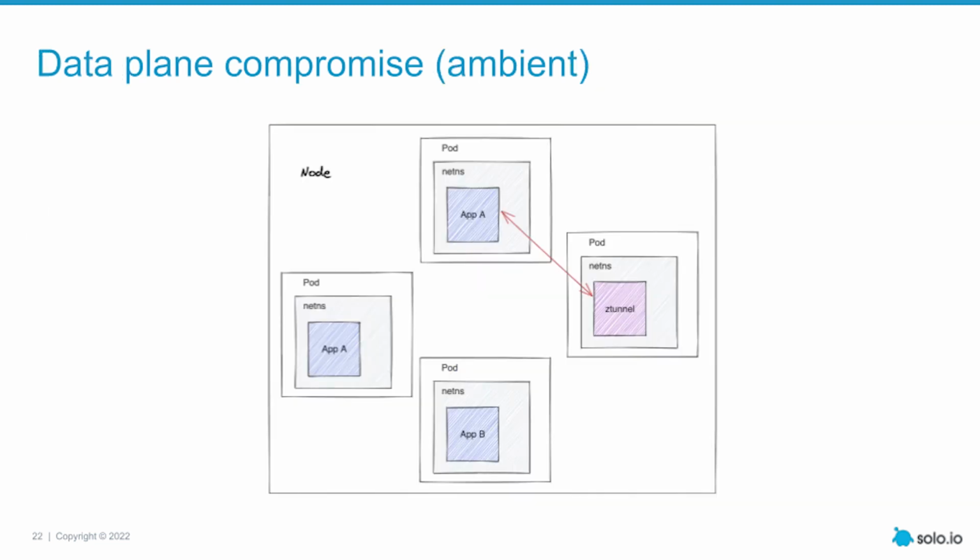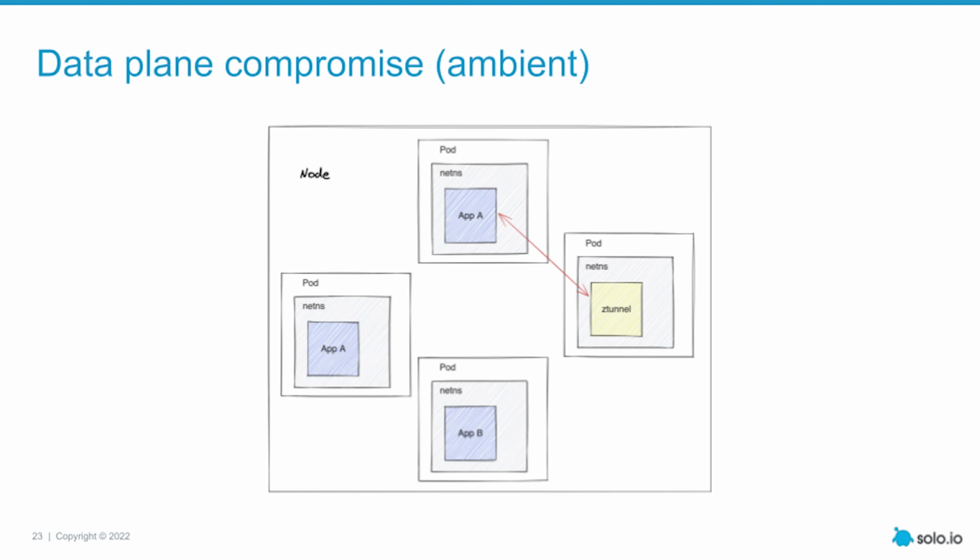So in the ambient data plane implementation, you see that Z-tunnel is a very hardened or slim profile of a proxy that just handles layer 4. And if it gets compromised, then you have probably a serious vulnerability, or definitely a serious vulnerability in your system.